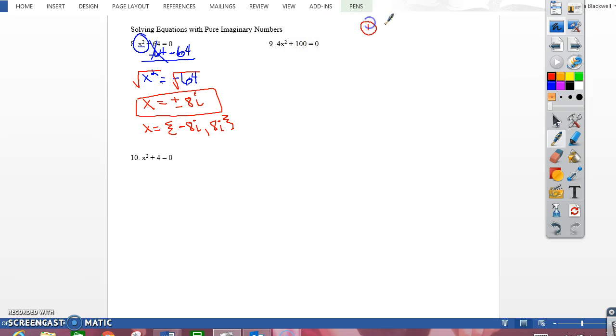So remember, step 1 is to get the x squared by itself.